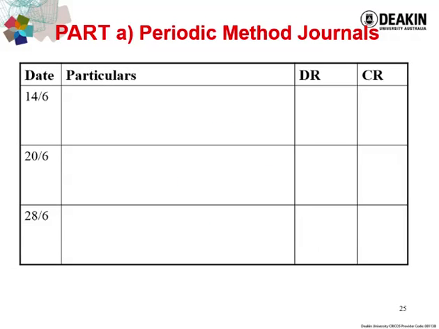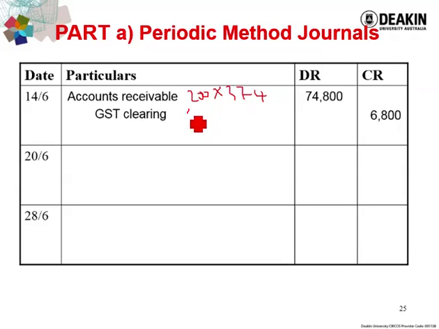Then on 14th of June, you sold 200 tables at $374 GST inclusive each. So here we debit accounts receivable 200 multiplied by 374, so you get 74.8K, and this is the GST inclusive amount. Then you credit GST clearing 1 over 11, 6.8K, and you credit sales revenue 68K, which is 10 over 11.